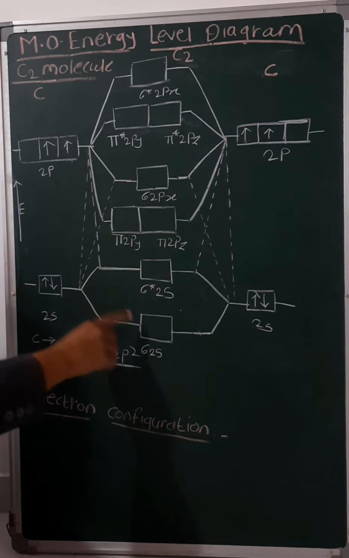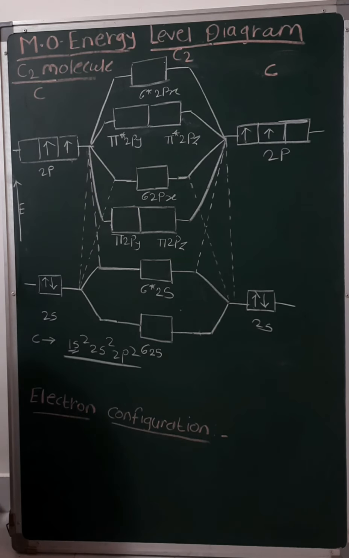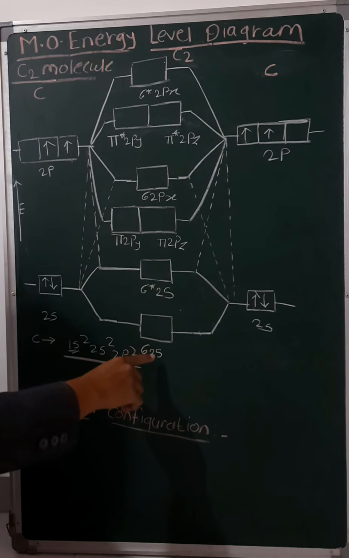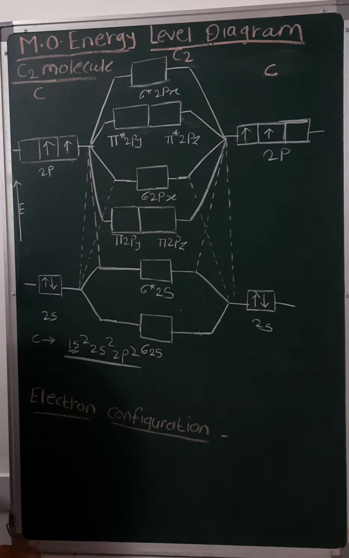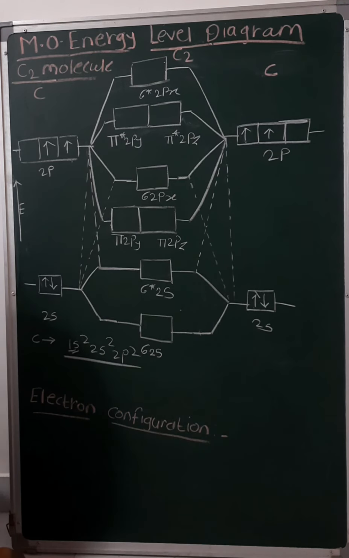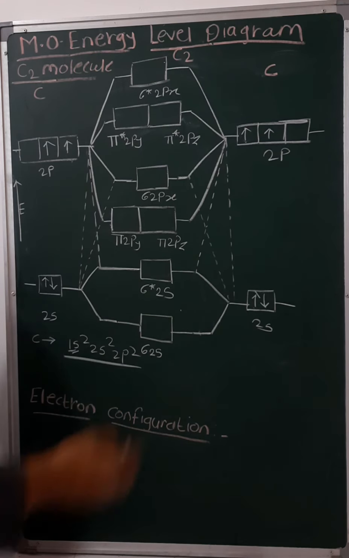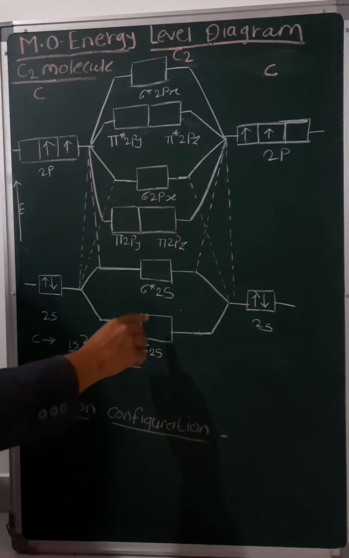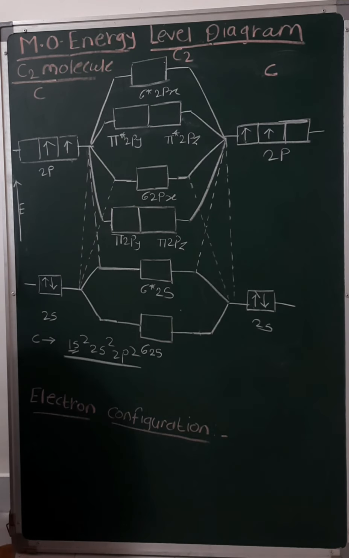That means firstly electrons go to the lower energy sigma 2s orbital, the bonding molecular orbital, which has less energy. If this orbital is filled, then electrons go to the anti-bonding molecular orbital.